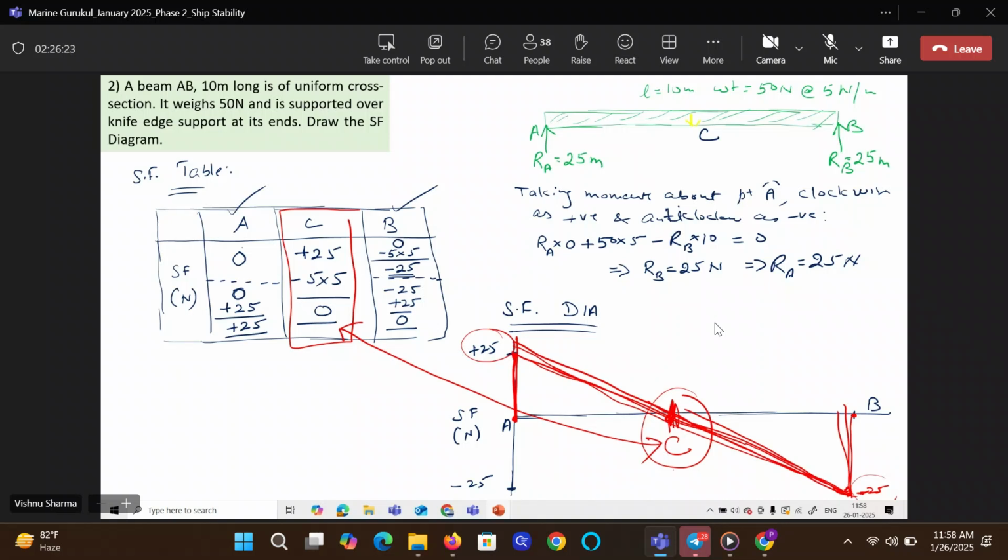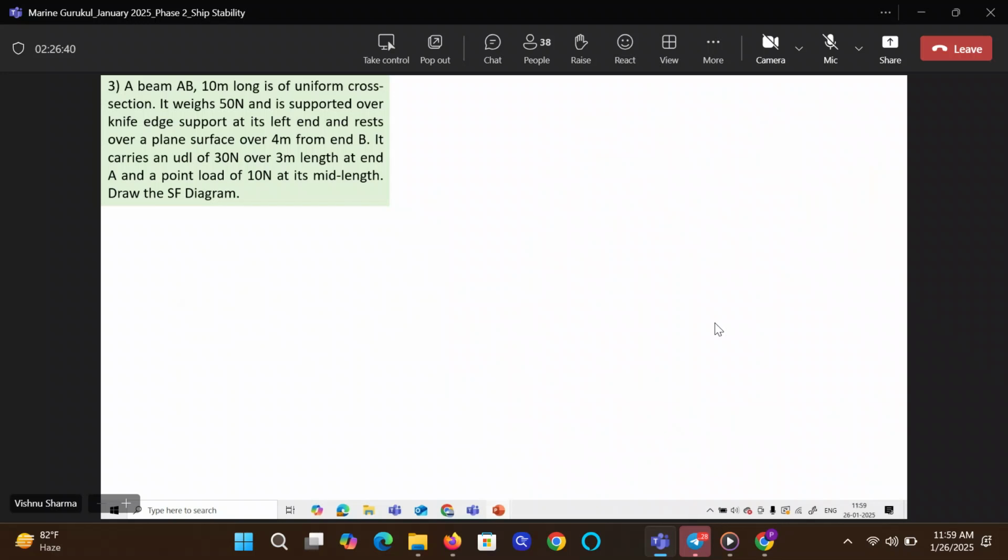We'll do one more question and then I'll tell you to practice at home. I know we are nearing the end of the class, but never mind. Because tomorrow we'll graduate to BM, and then tomorrow we'll solve questions on beam. Guys, can you please make the diagram for this beam?